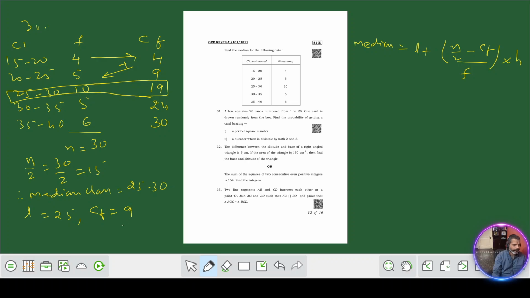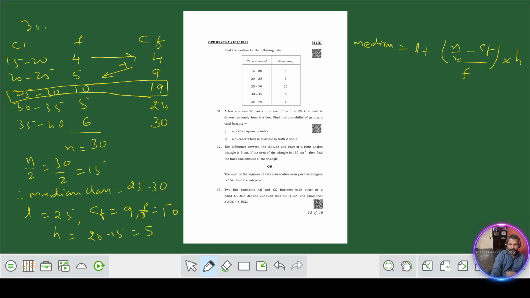CF is 9, the cumulative frequency above the median class. F is the frequency of the median class. What is the frequency of the median class? We know it is 10. And H, we need H. H is class size. How do you say class size? It is 20 minus 15, 5.